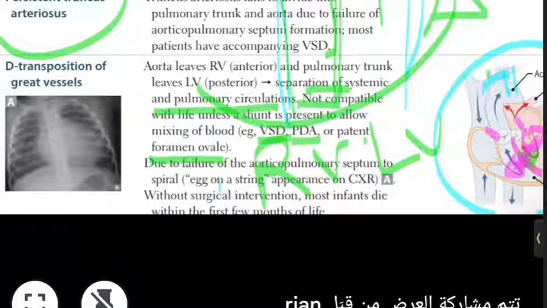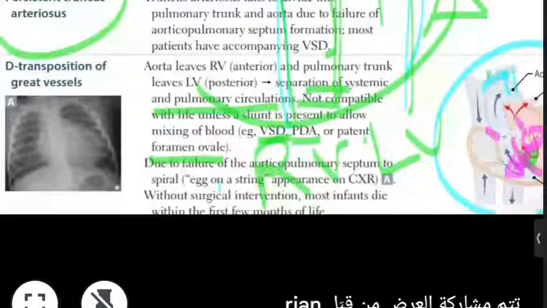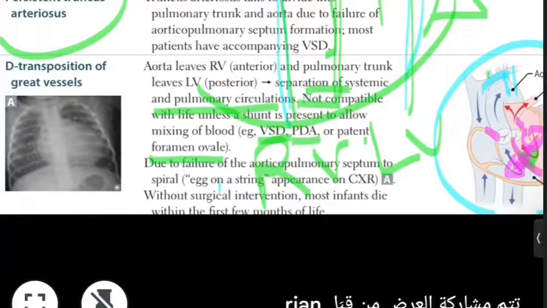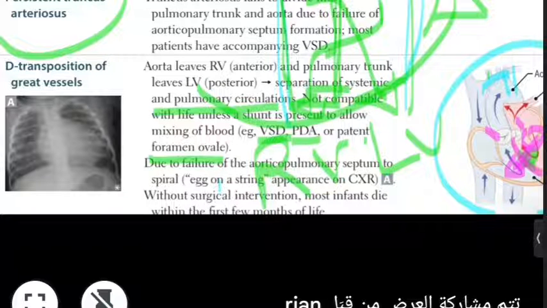This trunk needs to rotate in order to opposite the locations, in order for this aorta to come to the left ventricle and this pulmonary to come to the right ventricle. It needs to spiral, to rotate. If it doesn't rotate, doesn't spiral, it will cause a disease, which is transposition of great vessels.